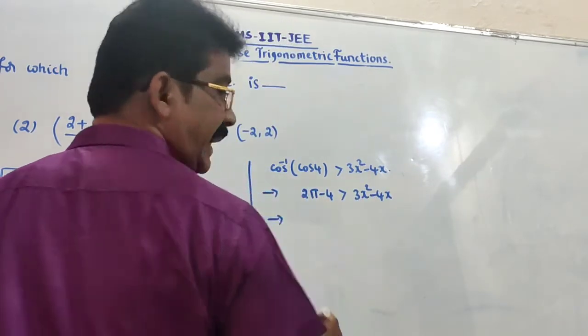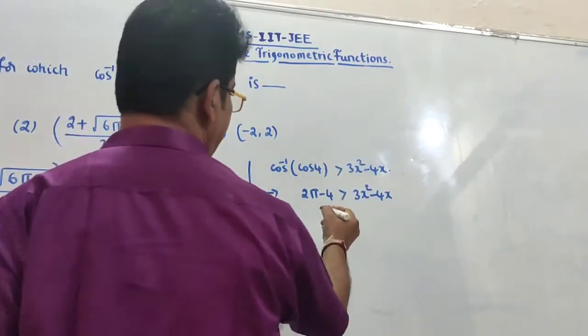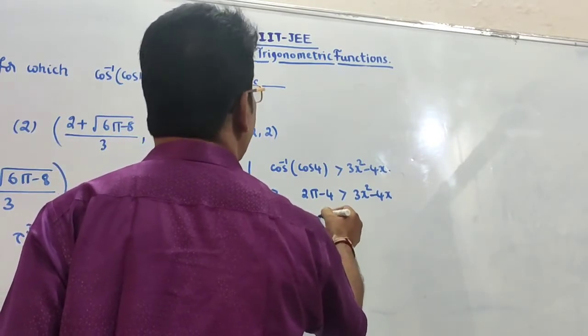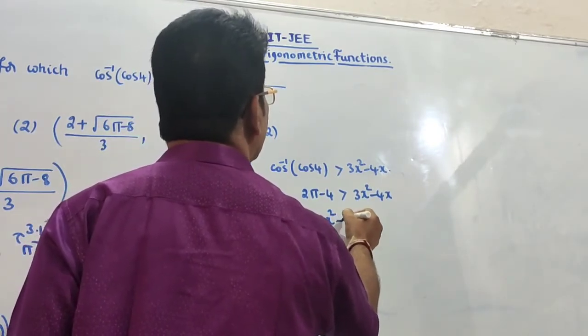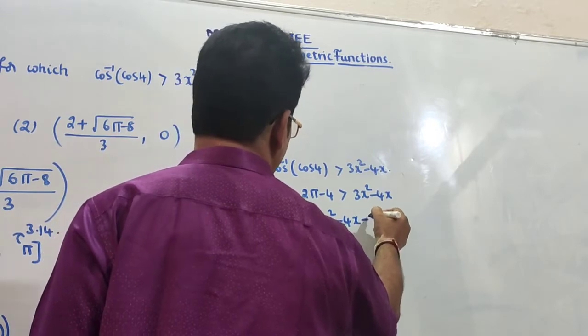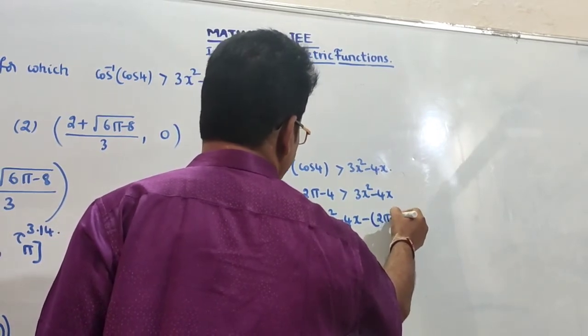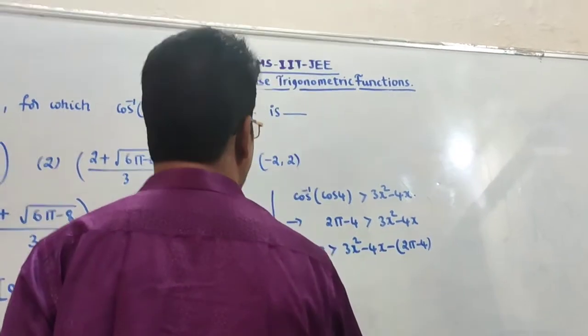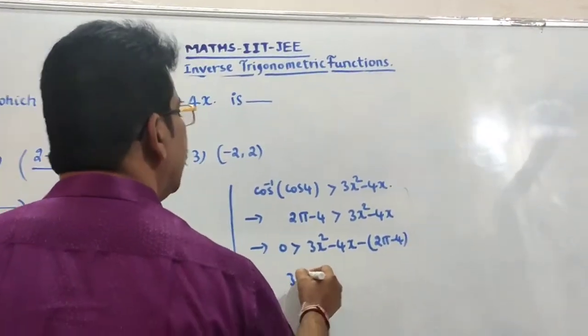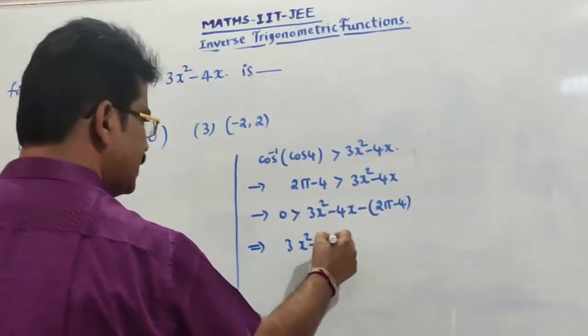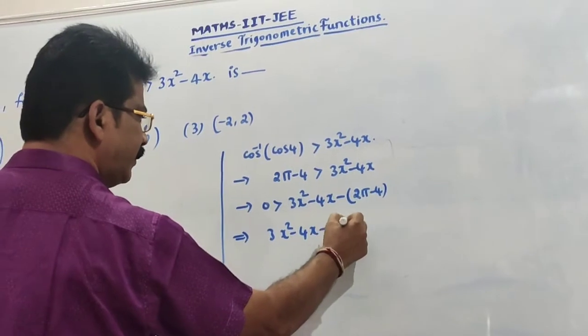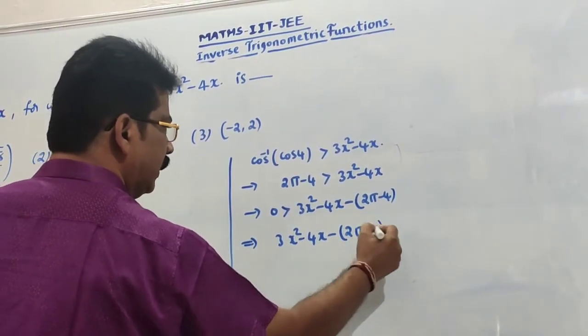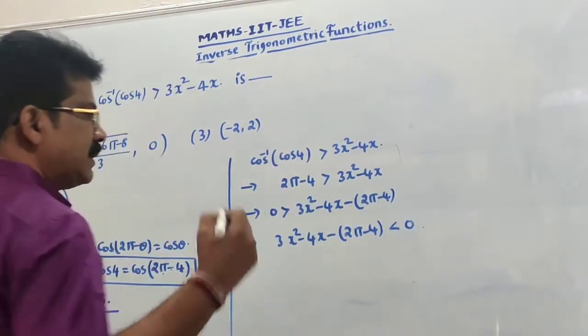So that implies 0 is greater than 3x square minus 4x minus of 2 pi minus 4. Therefore 3x square minus 4x minus of 2 pi minus 4 is less than 0.